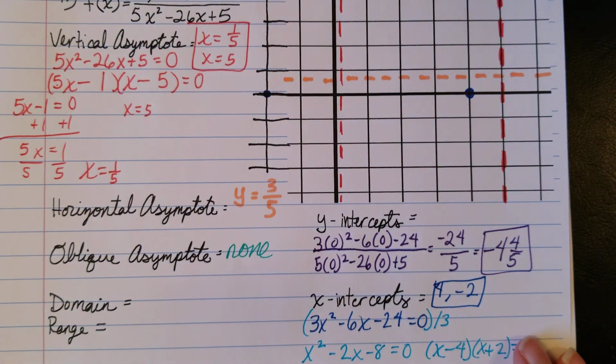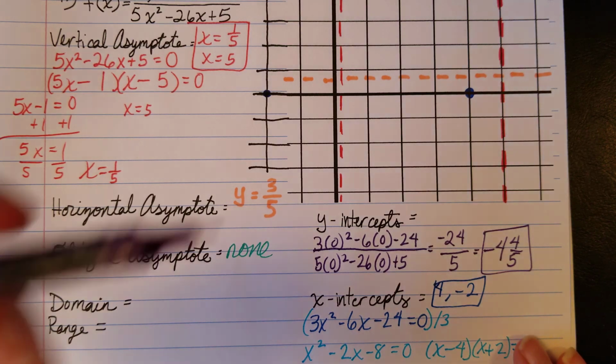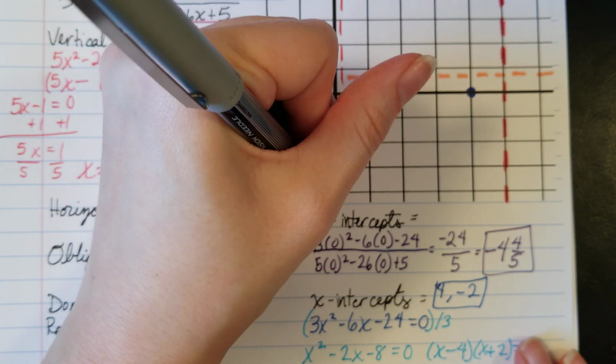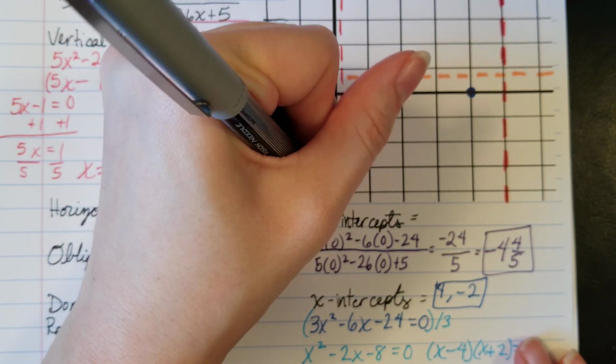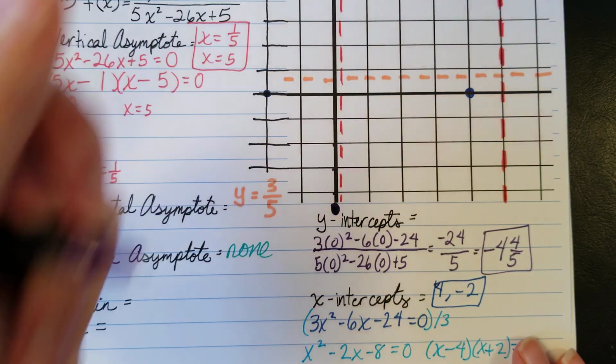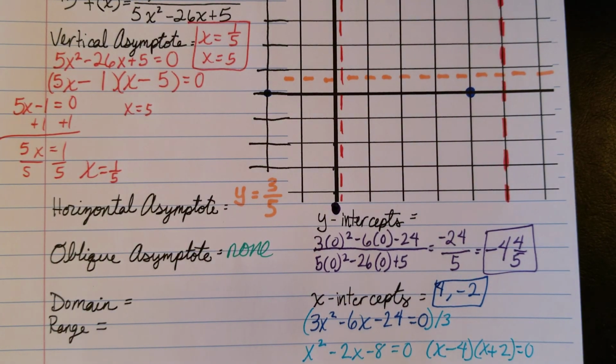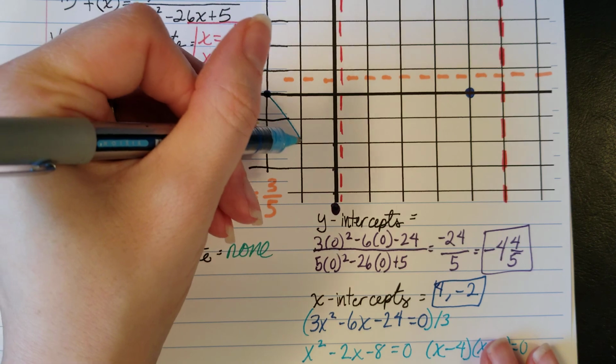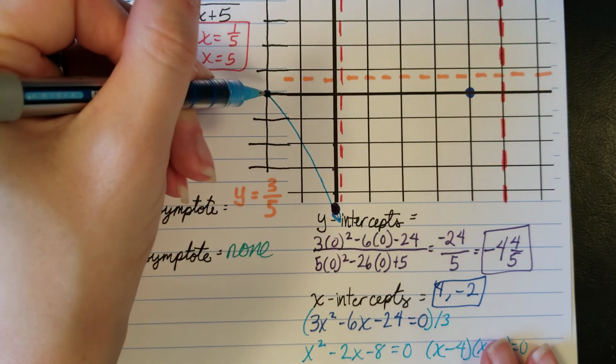And we have the y-intercept at negative 4 4/5. Didn't leave myself enough room for that one either. Okay. All right, then. This part is obvious because we got the points and everything.